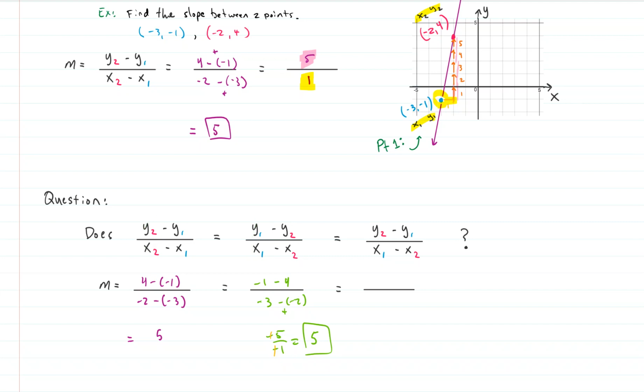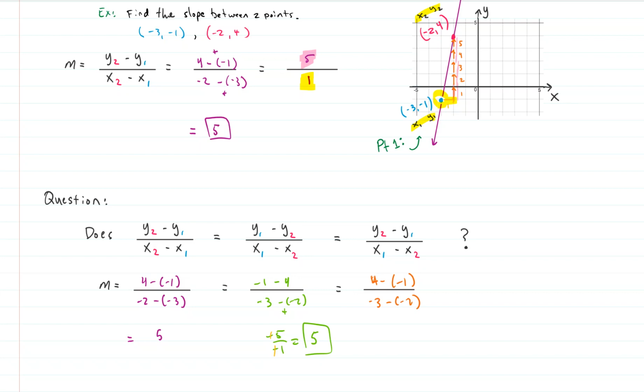Let's see what happens when we swap. We put the 2s first on top, put the 1s first on the bottom. If we put the 2s first on top, we've got 4 minus a minus 1. And then in the bottom, if we put the 1s first, we get -3 minus a minus 2.